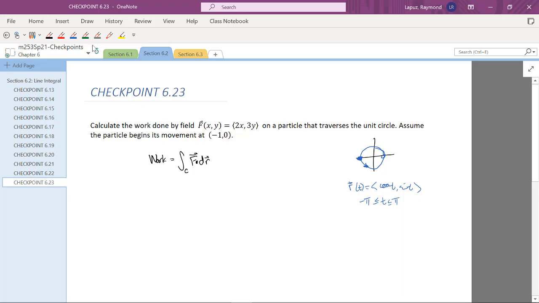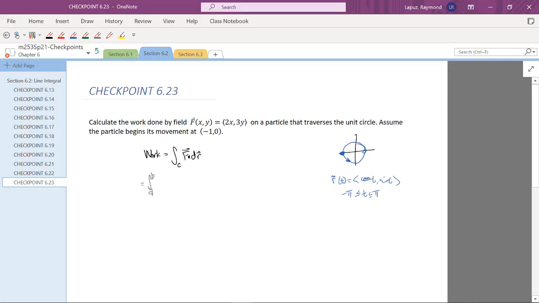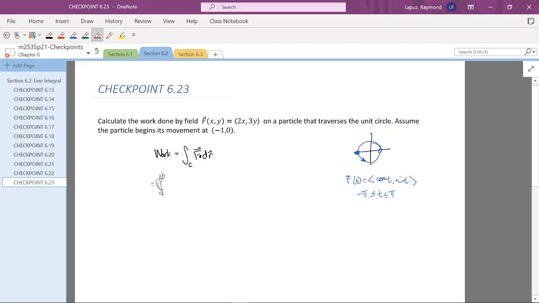And we know our working definition already, and that's equal to the integral from a to b, whatever a and b are, of the vector field evaluated at the parameterization dotted with the derivative of the parameterization dt. So let us find those pieces.